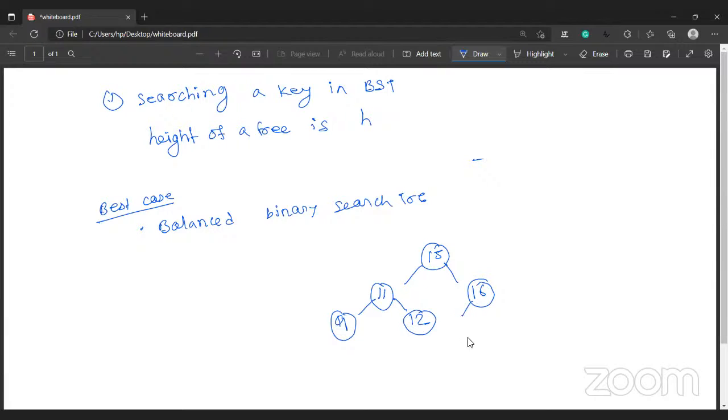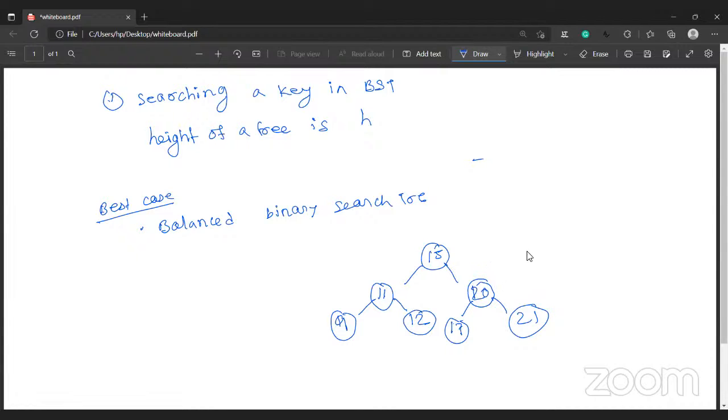And suppose 20, 17, and 21. So this is a balanced binary tree, right?